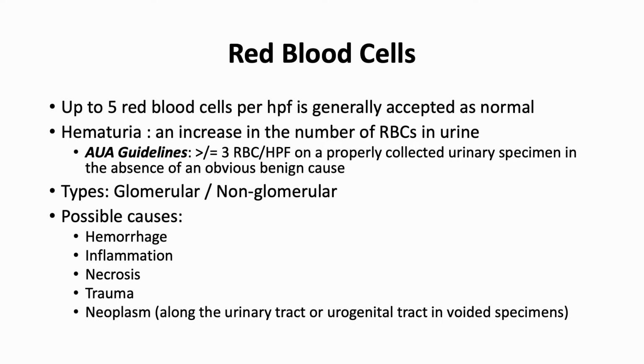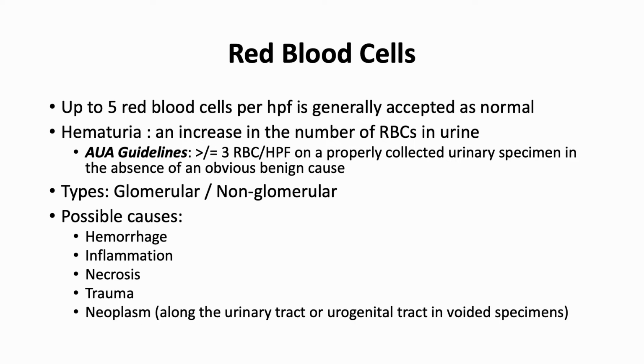So red cells in the urine are a frequent finding, often seen in more than 50% of specimens. Up to 5 red cells per high power field is generally accepted as normal. Hematuria is defined as an increase in the number of red cells in the urine.